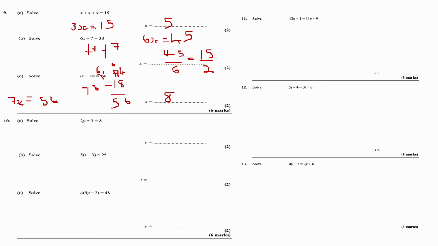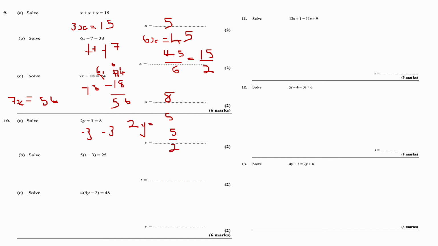Question number 10a, solving this equation while subtracting 3 on both sides, I get 2y is equal to 5. Dividing both sides by 2, I get y is equal to 5 halves. Okay, part B, this one's a bit trickier.